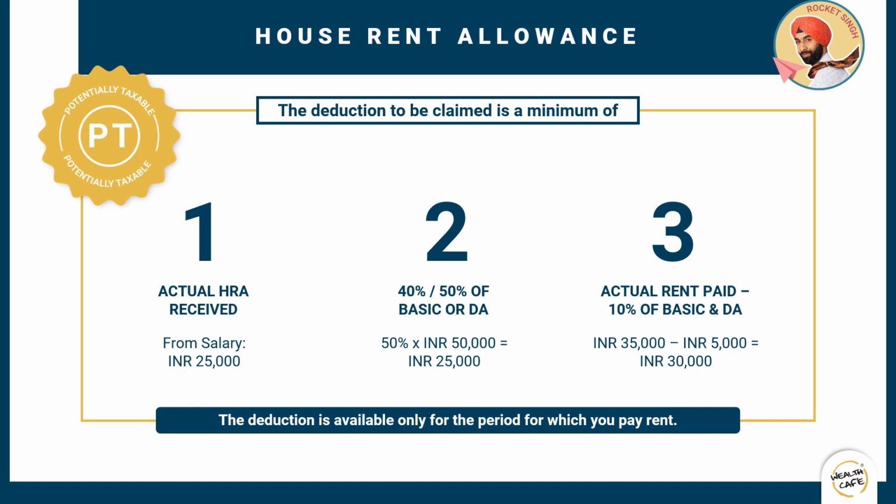Now, what do I mean when I say that he can claim a deduction of 25,000? This means that he is being paid an amount of 25,000 as HRA by his employer. Since he is actually paying an amount of 35,000 as rent every month, he can submit the same to his employer. He can give his rent agreement, he can give the details of his landlord like the PAN card, etc. to his employer.